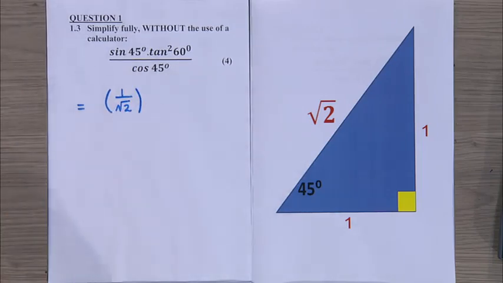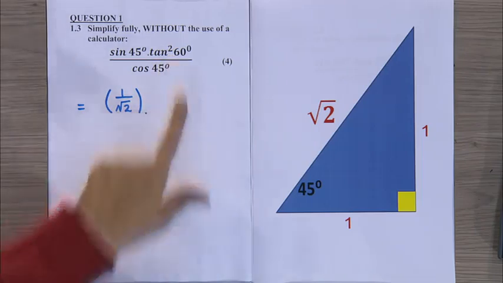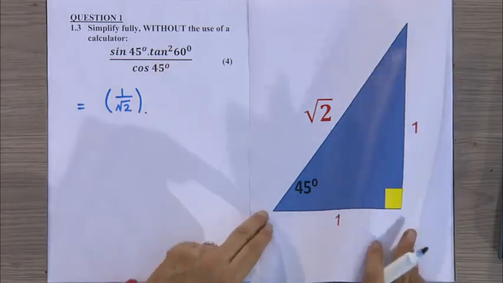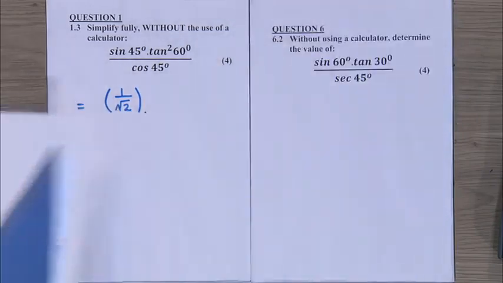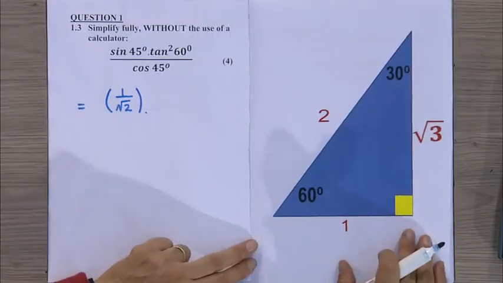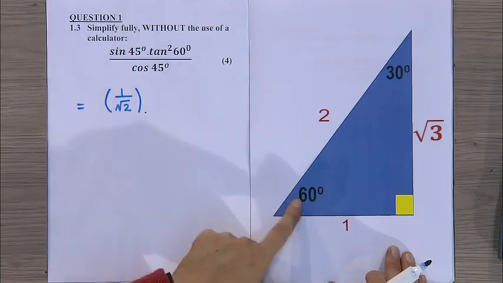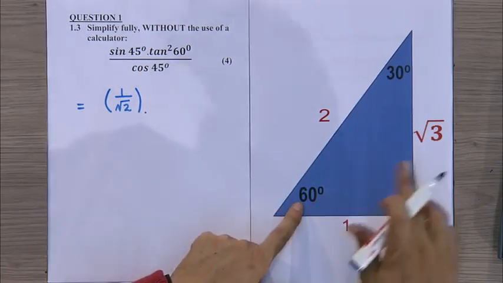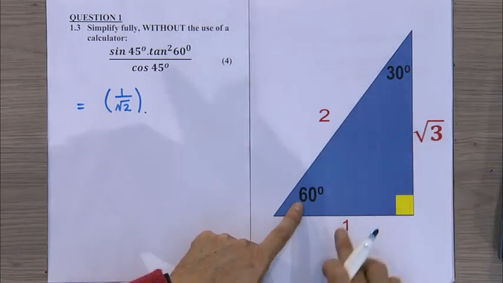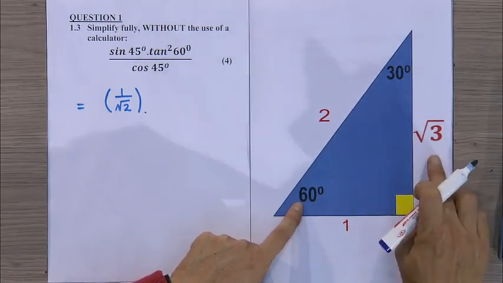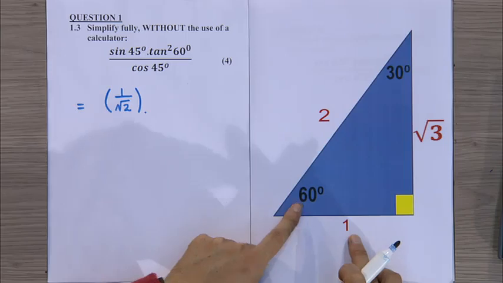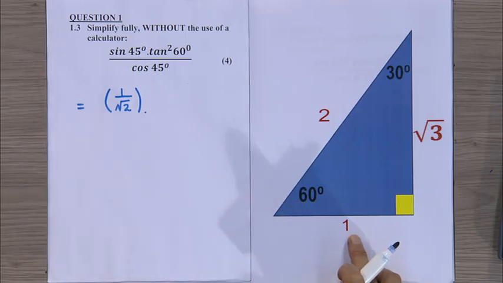Come on, guys. We can do this. Then we have tan squared 60. Where's my 60 degrees? There we go. That's my 60. Now, if I say tan 60, what is tan? Opposite over adjacent. Y over x. Are you with me? Right?